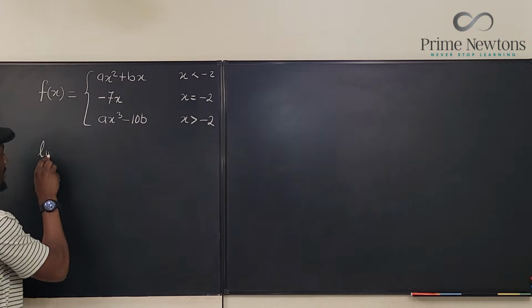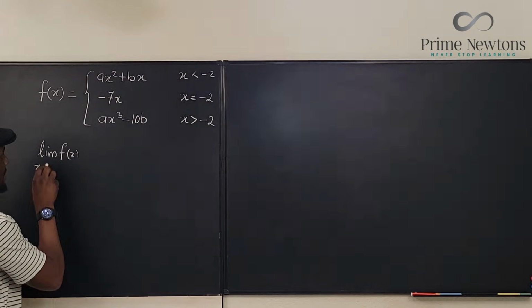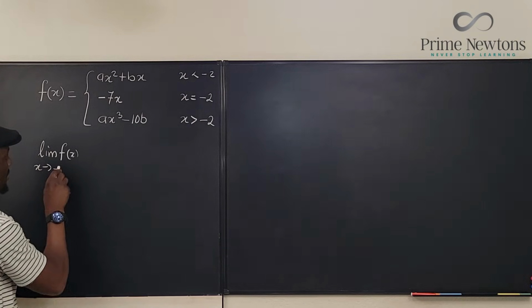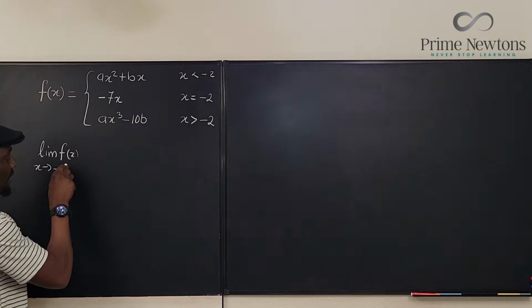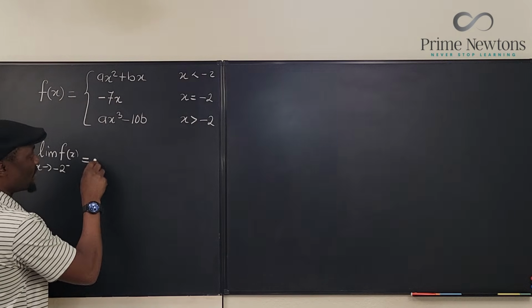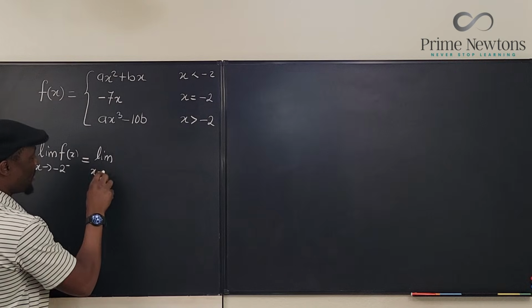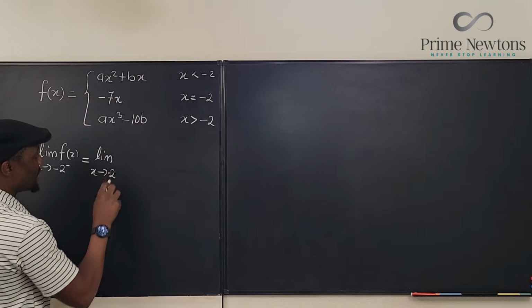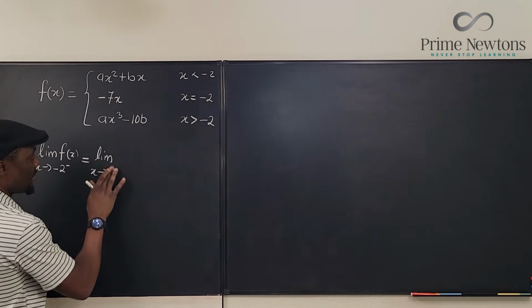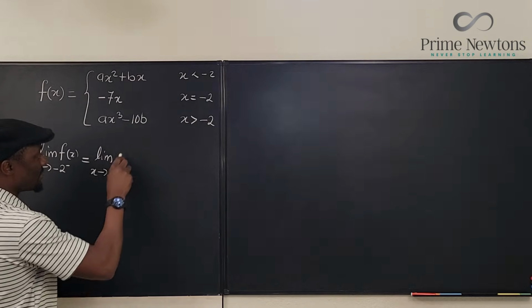The limit of f of x as x approaches the problem point, -2, from the left must be equal to the limit as x approaches -2 from the right.